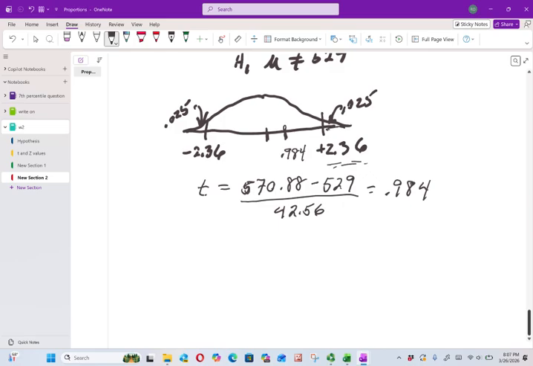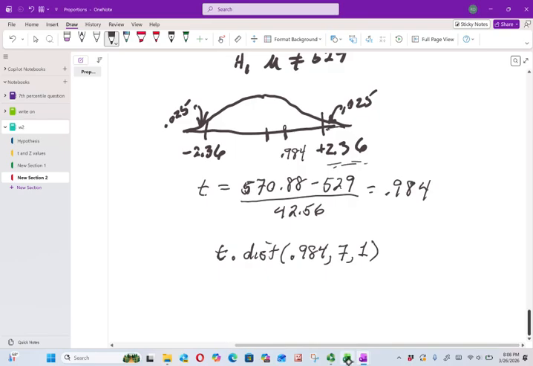Another way to look at it is to look at where 0.984 really is in the standard normal distribution. And this becomes t dot dist, 0.984 with 7 degrees of freedom, and we want it to be cumulative.